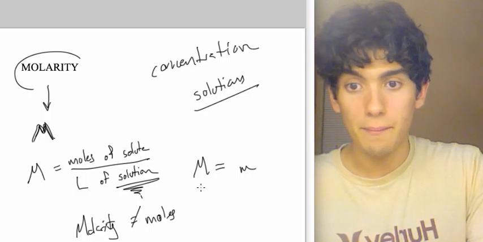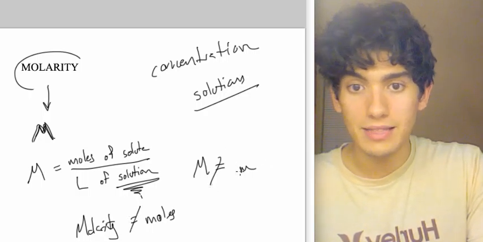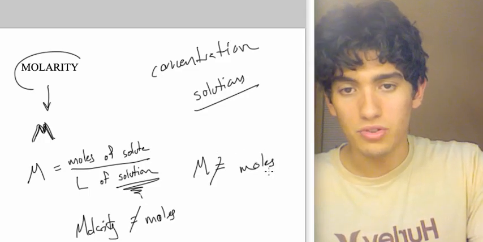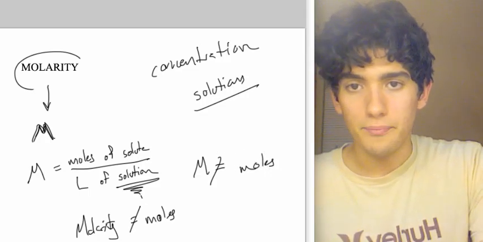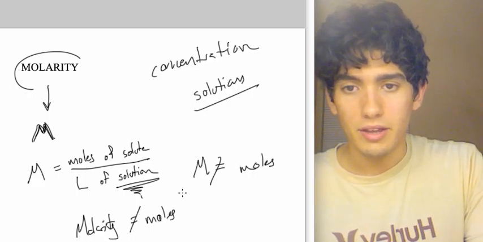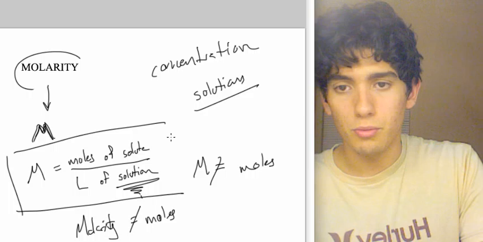Molarity is absolutely not the same thing as moles. In fact, it's better if from now on you just write out moles instead of trying to shorten that measurement. So, all that being said, it's a pretty simple, rudimentary formula.